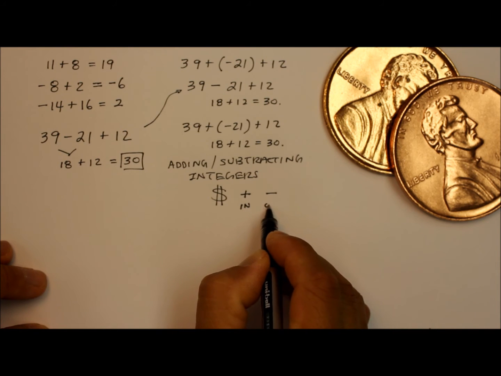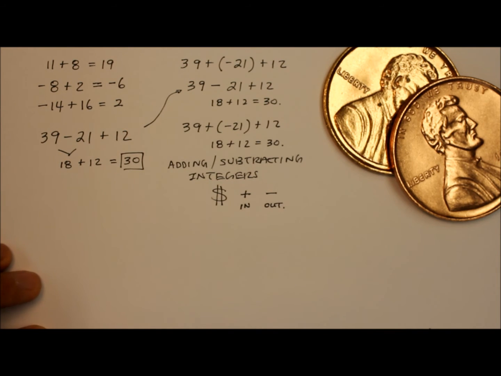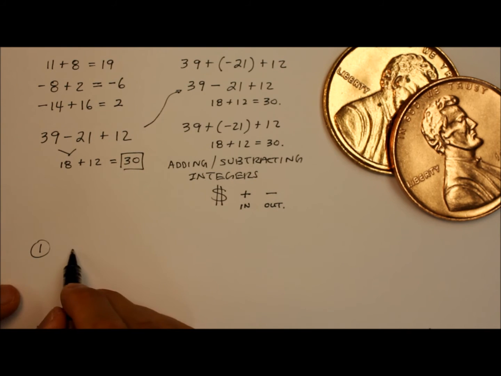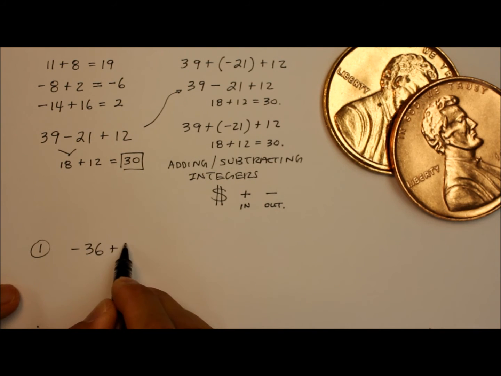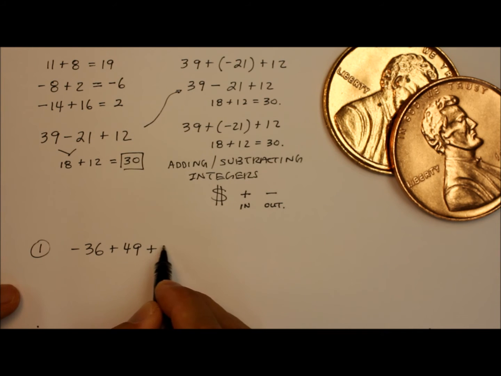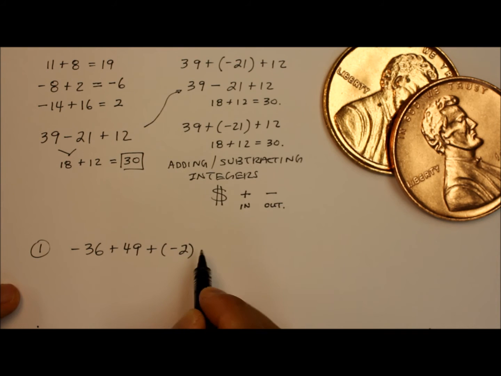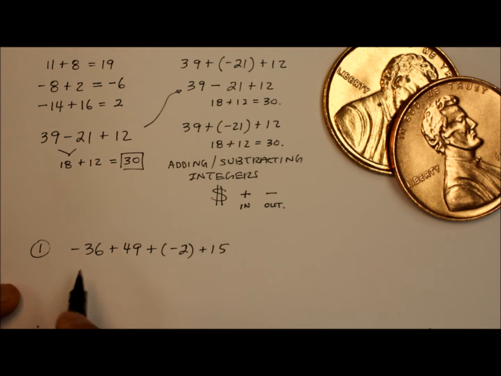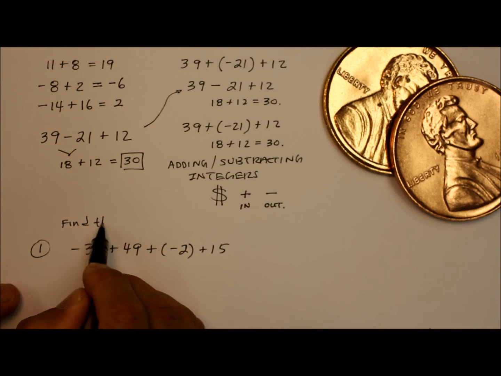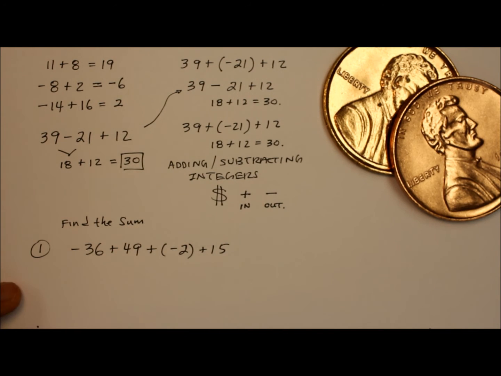Putting it in, taking it out. So let's say we try this example. Negative 36 plus 49 plus negative 2, change the mind, plus 15. What would the sum be? Find the sum. What would you do?